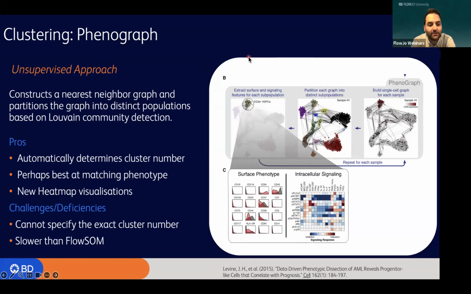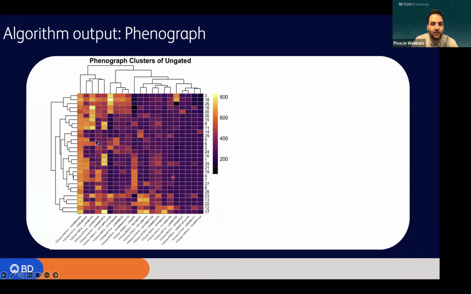Yeah, so in terms of running times, PhenoGraph is quite slower than FlowSOM, I have to say. It takes more time to run, but again, it's a very good algorithm. Some of the outputs are directly created on your layout editors.